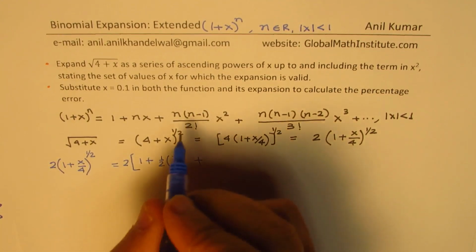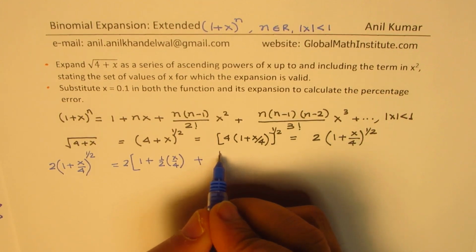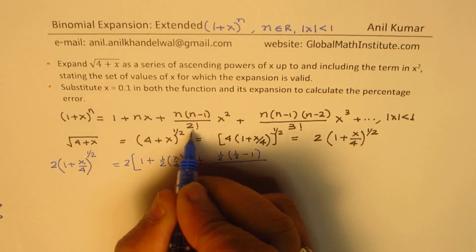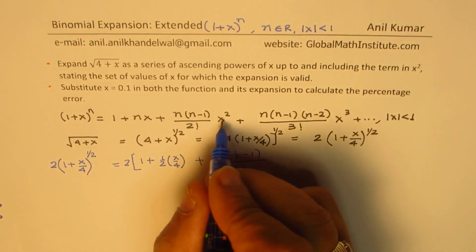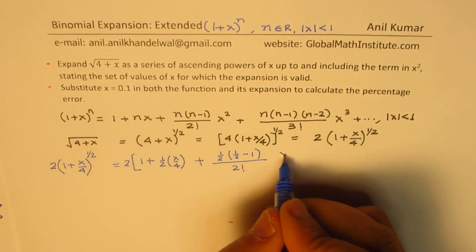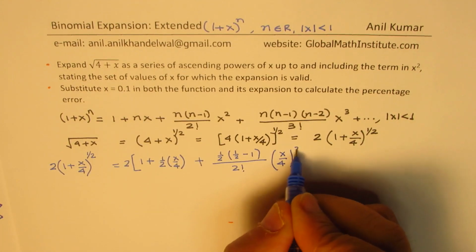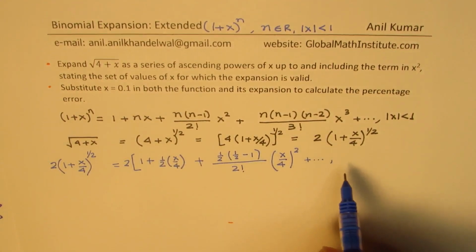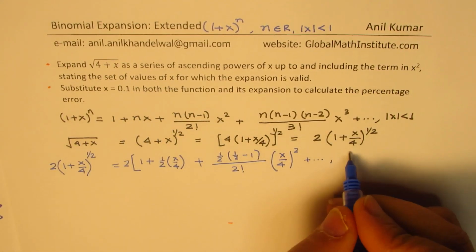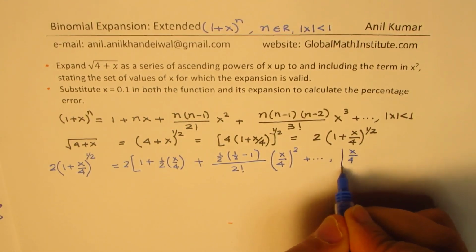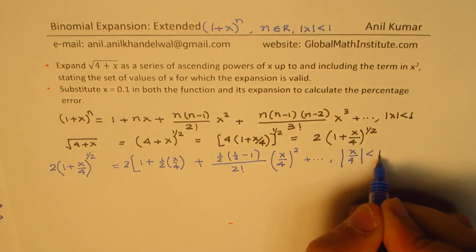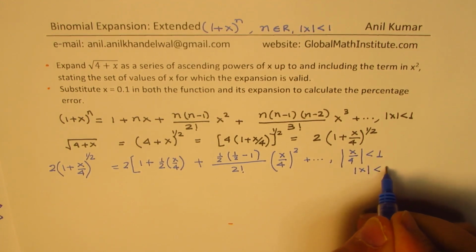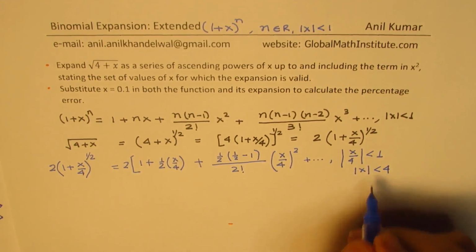Plus, now we have n, which is half, so we have half times half minus 1 over 2 factorial times x squared, and x is x over 4 whole squared, right? Plus so on, correct? Now in this particular case, we'll also write down the restriction here. The restriction is that the absolute value of x over 4 has to be less than 1, correct? And that is to say that the absolute value of x is less than 4, correct? So that becomes the restriction.